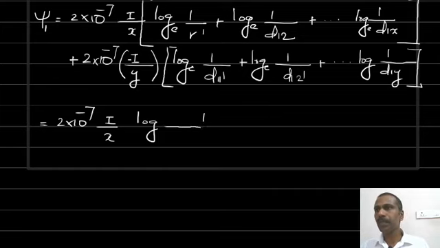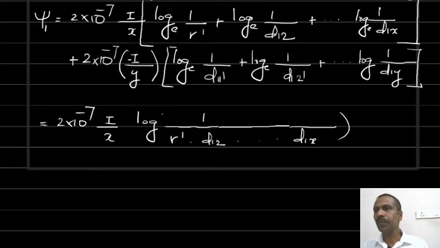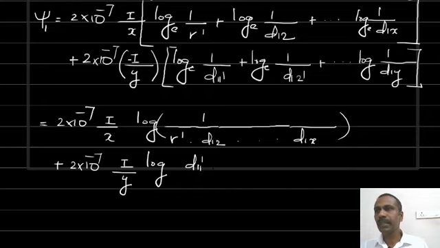That is log 1 by r dash into D12 etc. up to D1X, plus 2 into 10 raised to minus 7, I by Y. That minus log 1 by D can be written as log D. So it becomes log D11 dash, D12 dash, etc. up to D1Y.